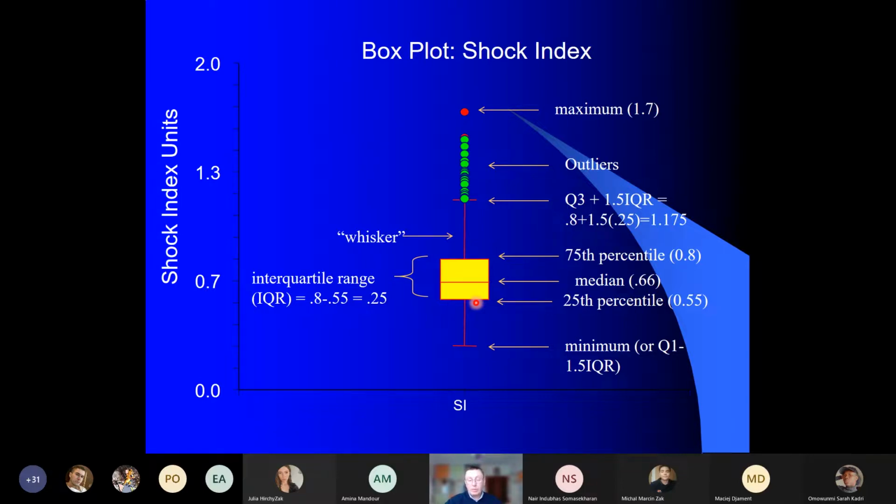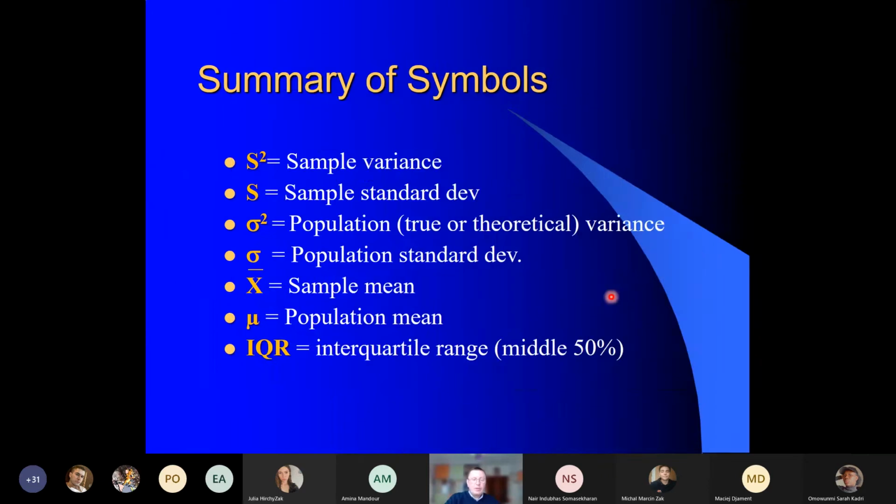Then the whiskers give a rough assessment, like minimum and maximum, which has to be no more than 1.5 times the interquartile range. We can also make an assessment about the presence of outliers in our data set.